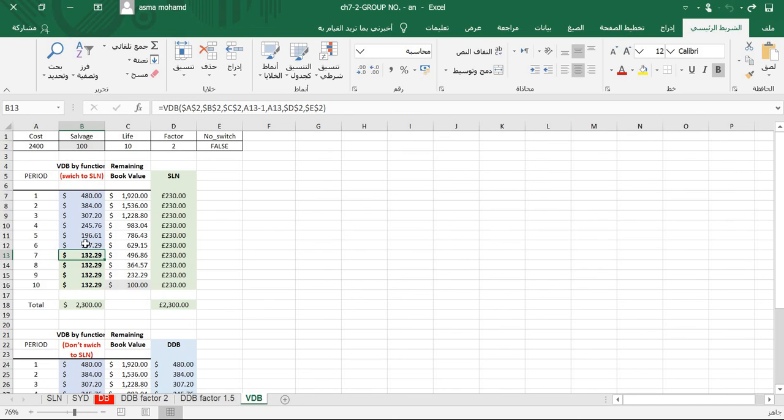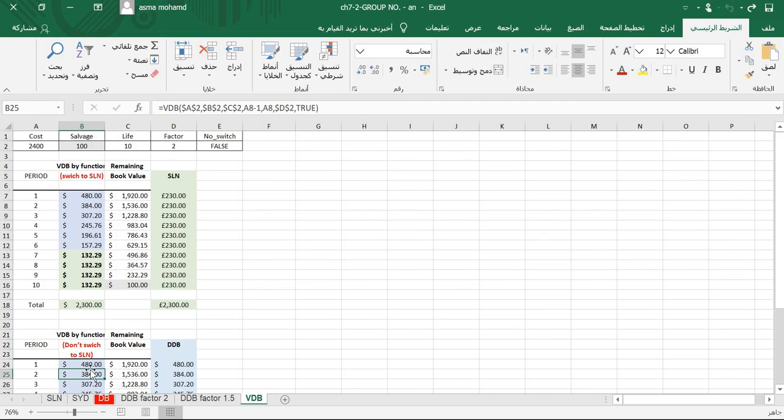Why? Excel switched to the straight line method. However, if we want to turn it off, when it says no switch, we can add true, so it will not switch.